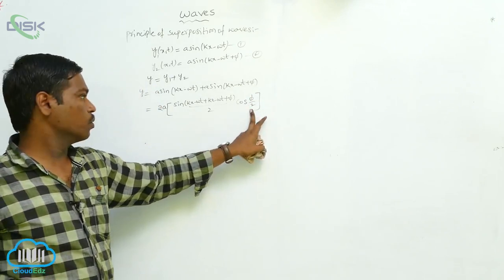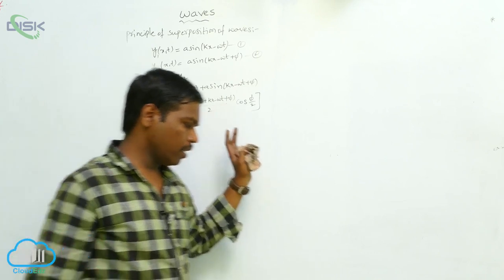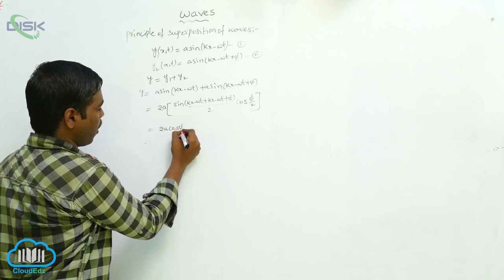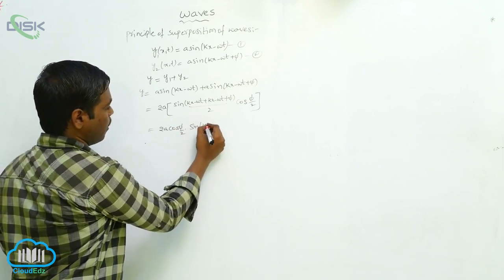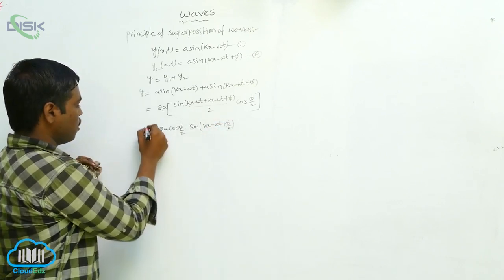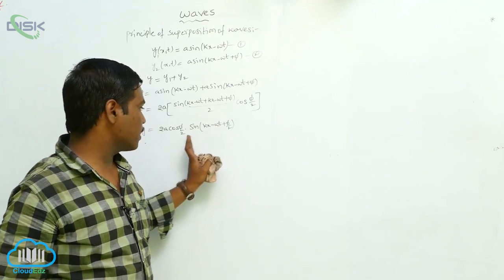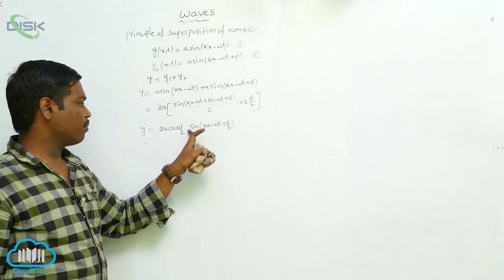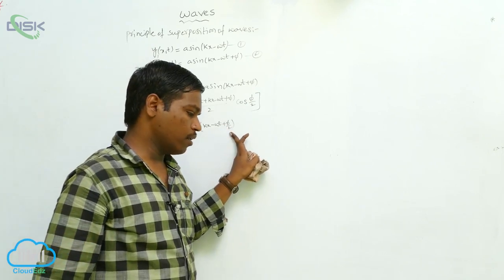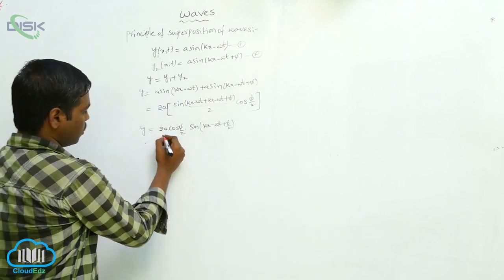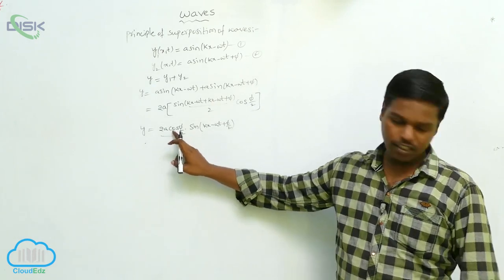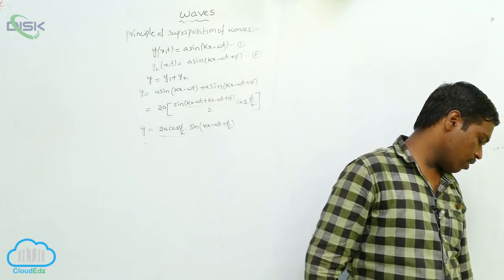So we can write 2a cos(phi by 2) into sin(kx minus omega t plus phi by 2). This is the resultant displacement, where 2a cos(phi by 2) is the amplitude of the equation.